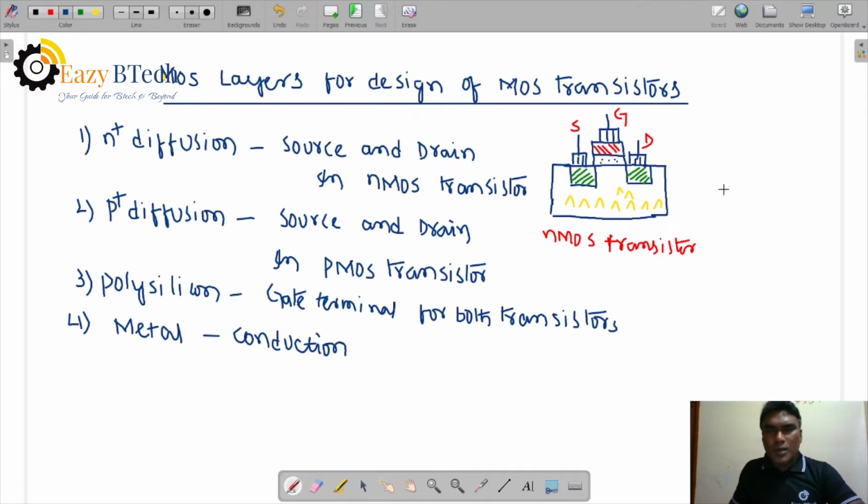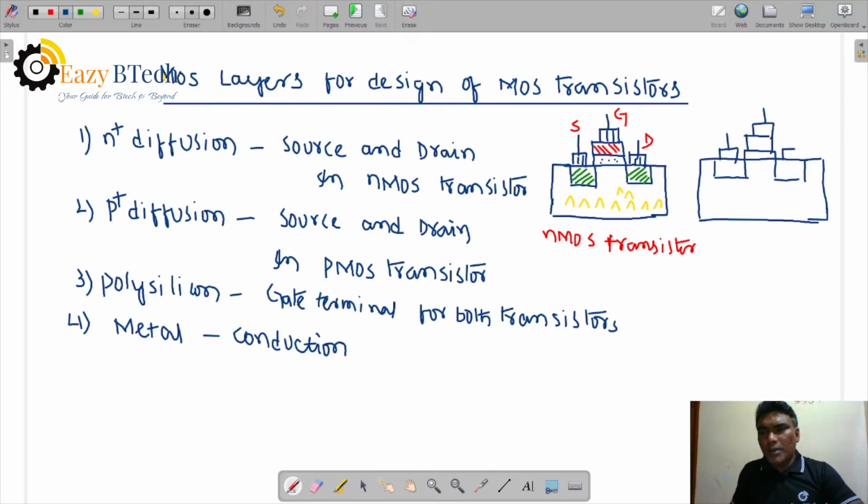Now the other MOS transistor is the PMOS transistor. What are the major layers to design this transistor? Here the substrate area is N-type, and the source and drain are P diffusions, with polysilicon, and the top layer is the metal layer.